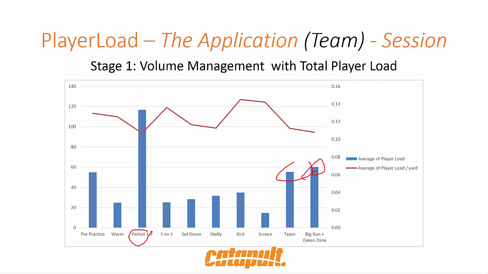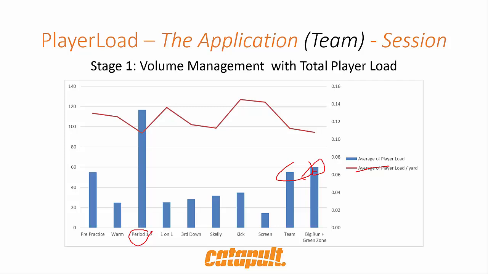And not only is this average player load telling you that, but also looking at player load per yard. So how hard was the team working for each individual yard that they've covered? And you're going to find a lot of positional differences within this metric, and we'll discuss that later.